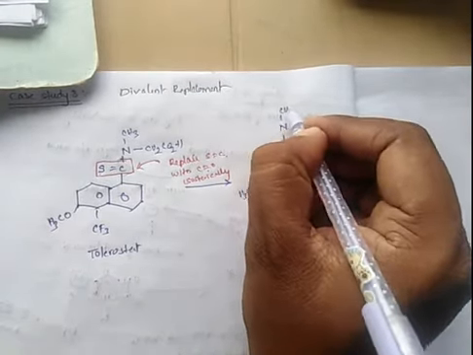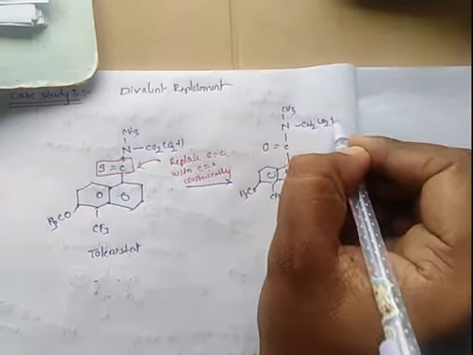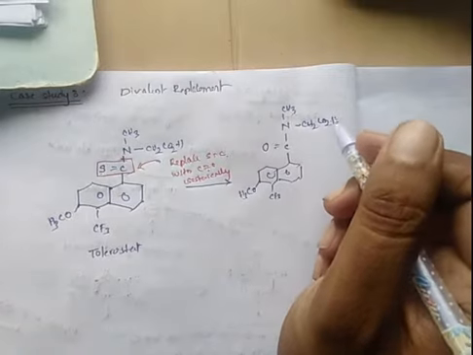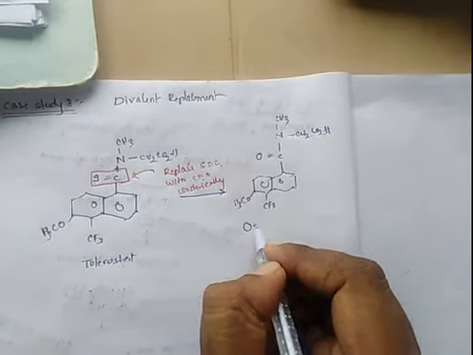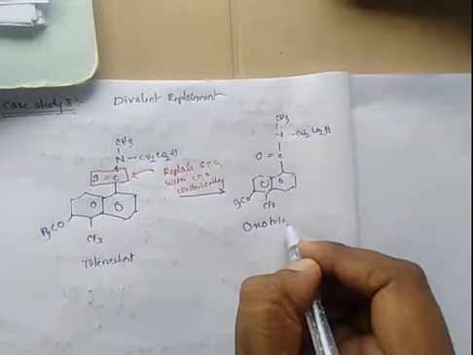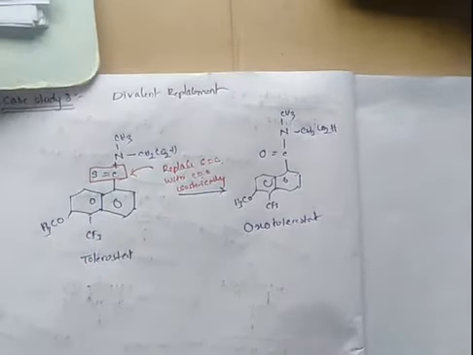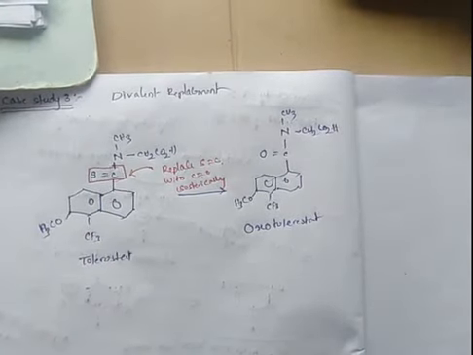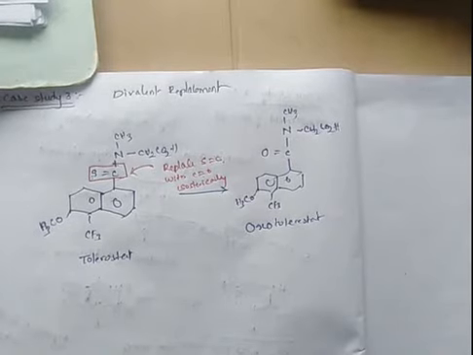CH3, CH2CO2H. It is called oxo-tolrestat. Tolrestat and oxo-tolrestat are used for treatment of diabetic neuropathy.